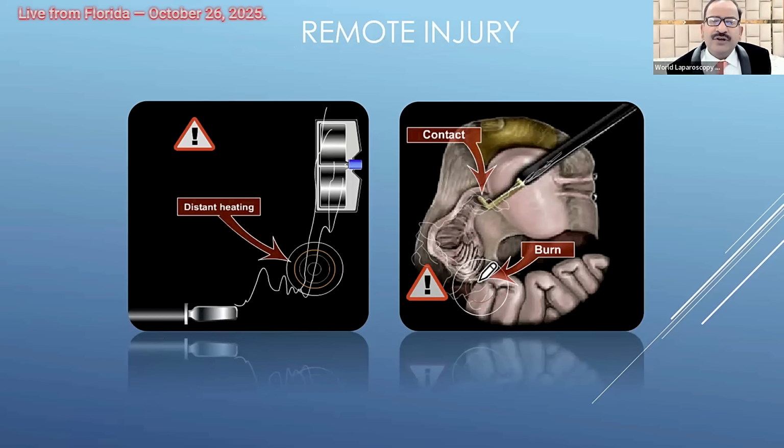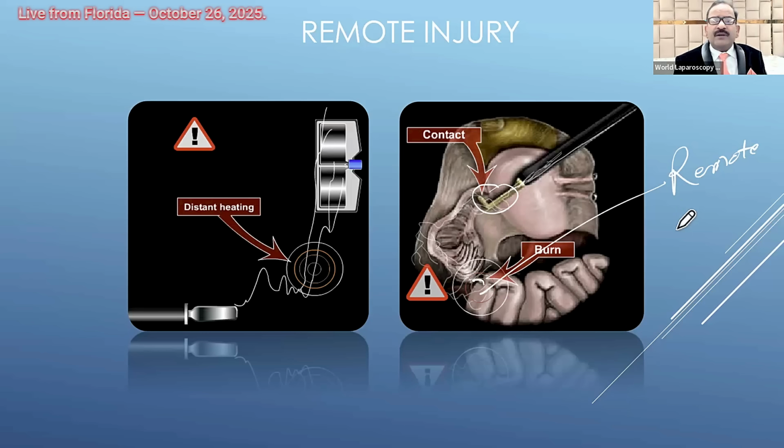So remote injury is a big problem of monopolar. Why is this problem happening? Because if you attach a big surface area of more than 6 millimeters in one go, then any other small area will create a burn, and that burn is called remote injury. Remote injury means injury beyond the field of application, and this is a big problem.